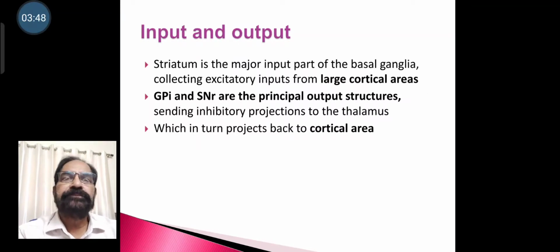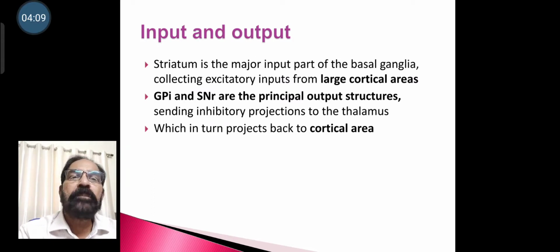Input and output. Striatum is a major input part of the basal ganglia, collecting excitatory inputs from large cortical areas. The GPI, that is globus pallidus internal, and substantia nigra reticular are the principal output structures, sending inhibitory projections to the thalamus, which in turn projects to the cortical area.